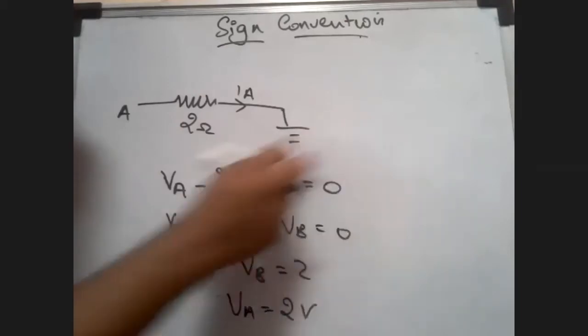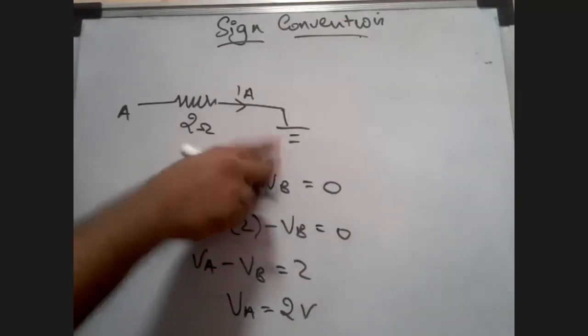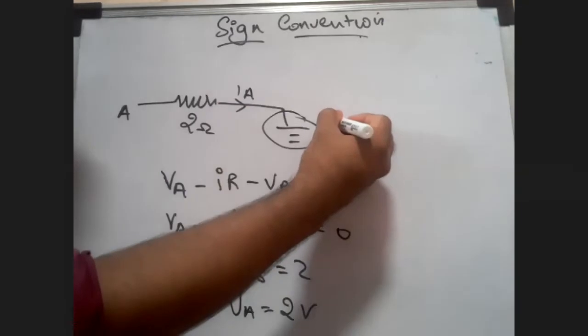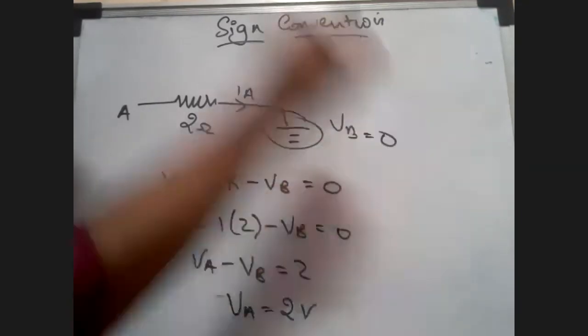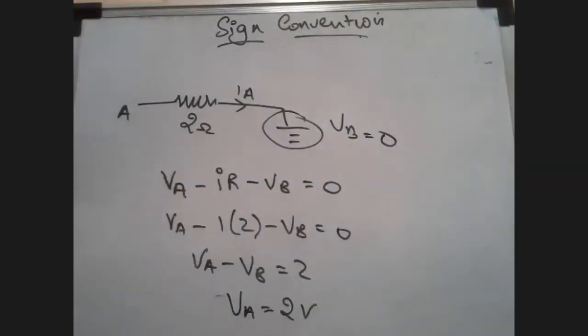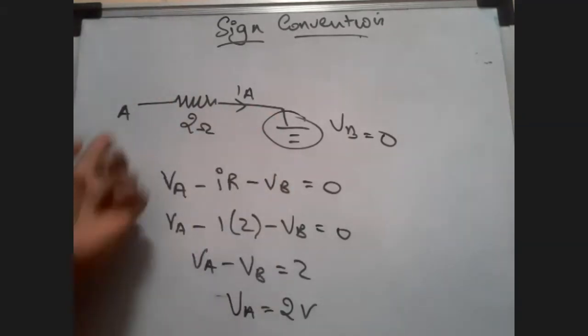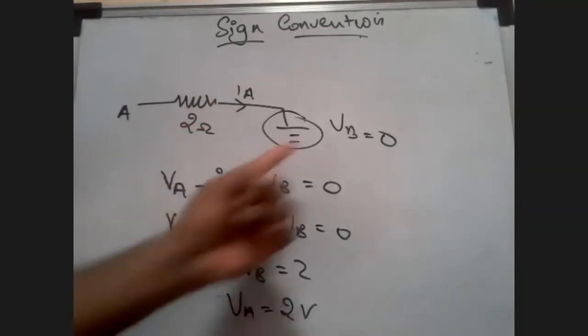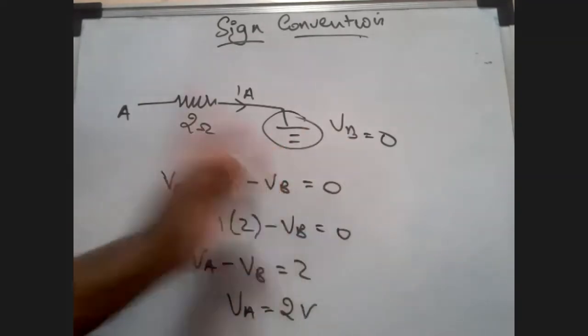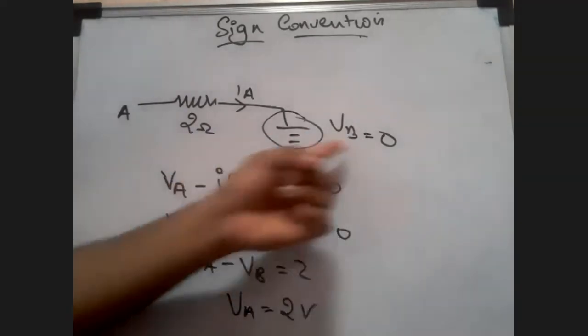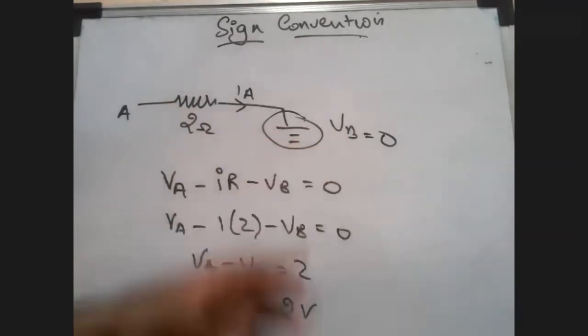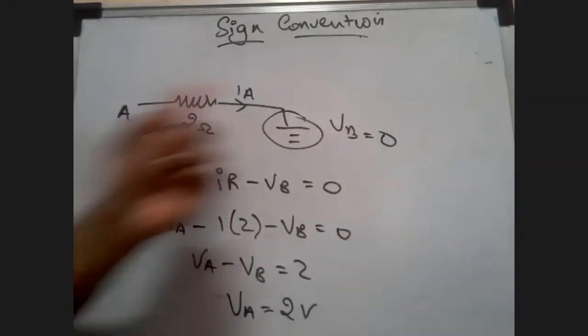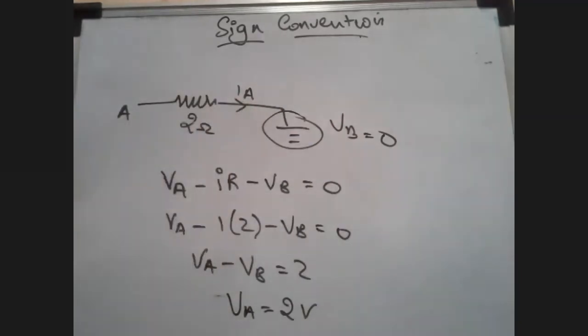If you ground a conductor like this, the potential across this will be 0. So don't always expect A and B to be there. Sometimes they'll ground a point and tell you to find the potential difference. That time you should know that this grounding sign means the potential is equal to 0. I can take whatever VB, VC, doesn't matter, that will be equal to 0. So VA minus 0 gives the potential difference across the resistor.